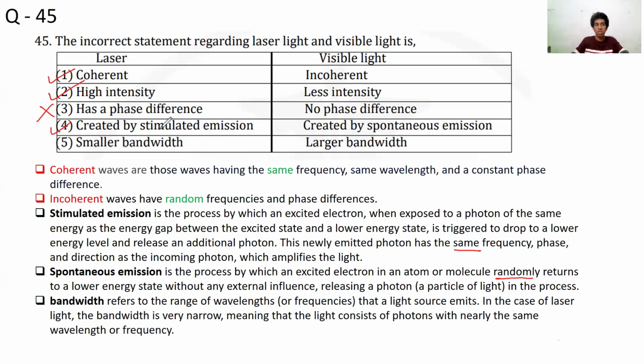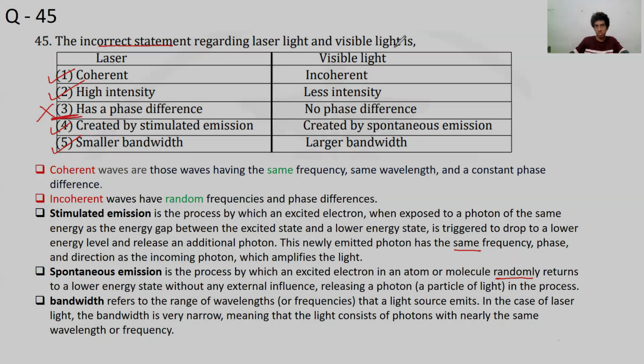Therefore, laser lights have a smaller bandwidth. Then when we consider visible light, as it is composed of a mixture of light having different frequencies or wavelengths, they have a larger bandwidth. Therefore, fifth one is also correct. So as they are asking for the incorrect statement, the correct answer is the third one.